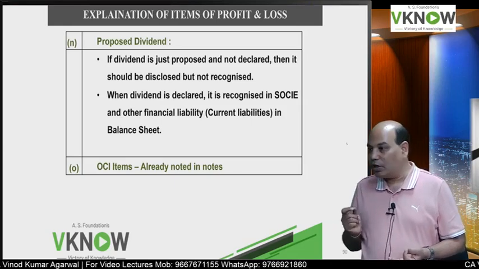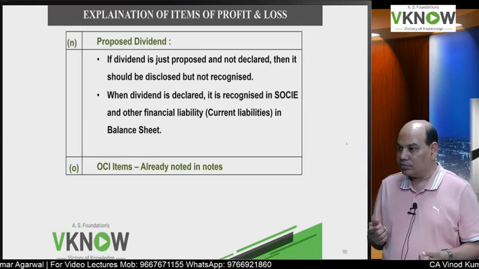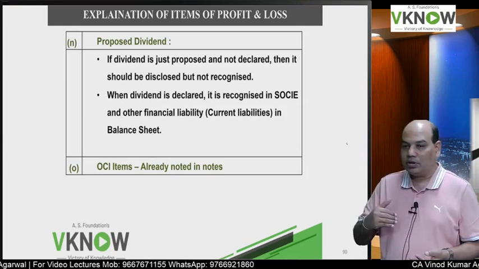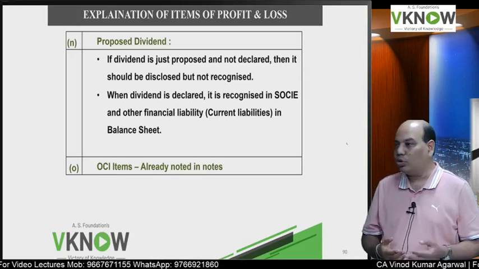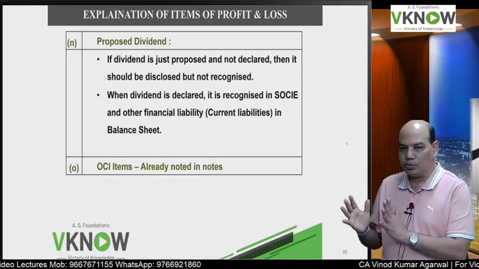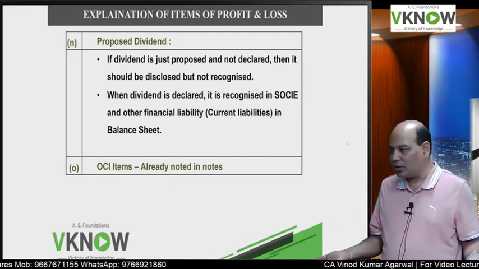And if it is a final dividend, it is declared by the AGM. So the moment the AGM declares the dividend, then it is accounted for. If it is only proposed by the board, it is not a liability, because it can be reversed by the AGM.